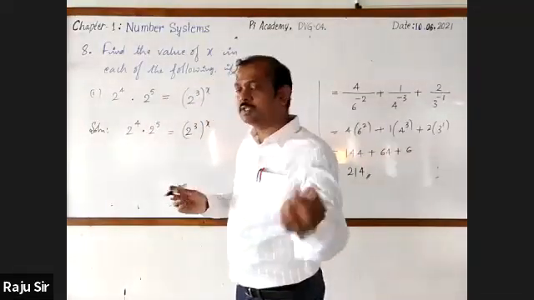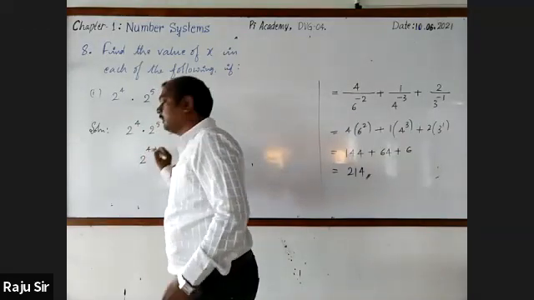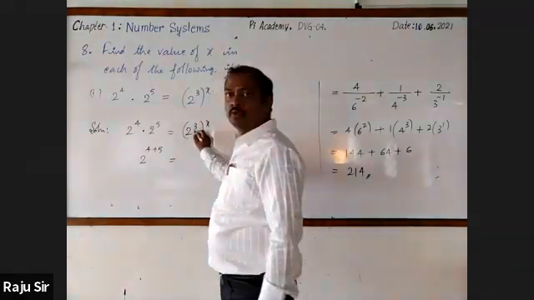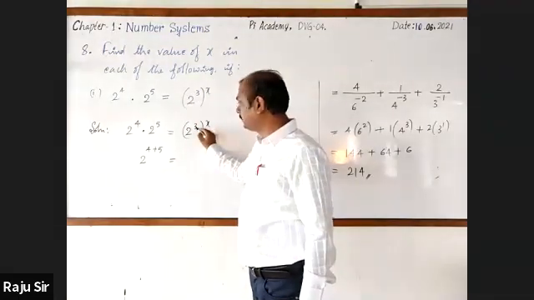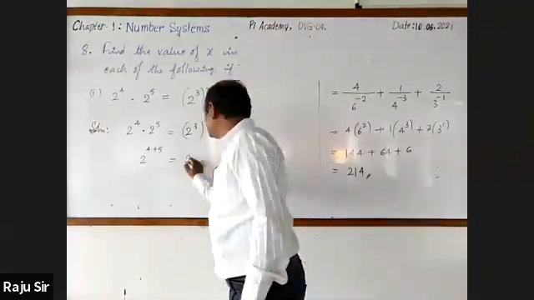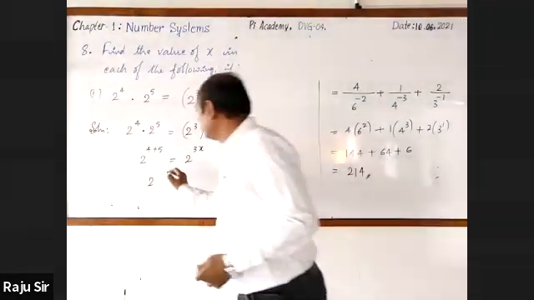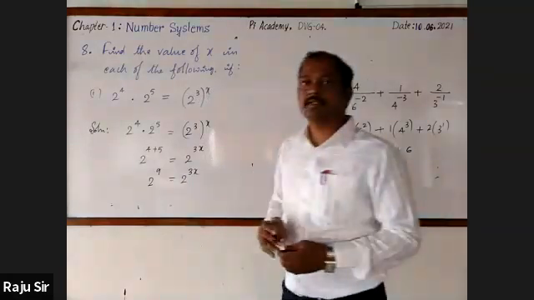Now one step increase. 2 raised to the power 4 plus 5 is equal to 2 cube whole raised to the power x. It is of the form a raised to the power m whole raised to the power n, a raised to the power mn. This is 2 raised to the power 3x. Next, 2 raised to the power 4 plus 5 is 9. This is equal to 2 raised to the power 3x.